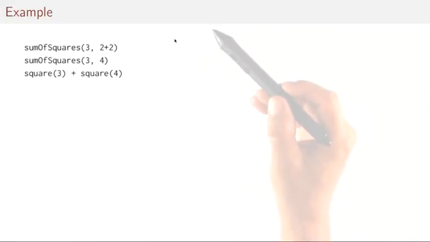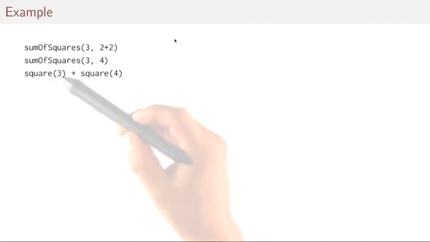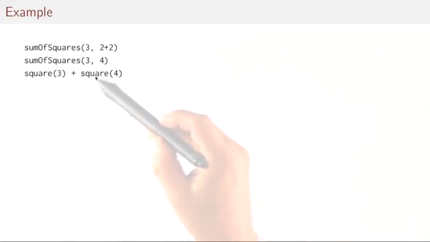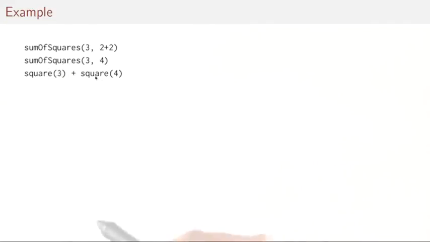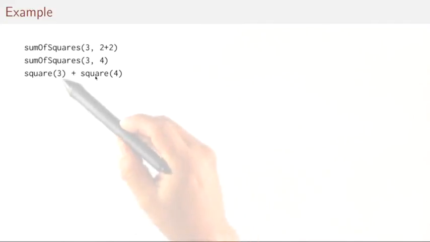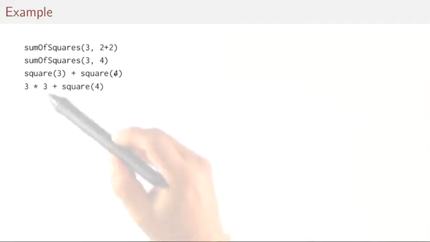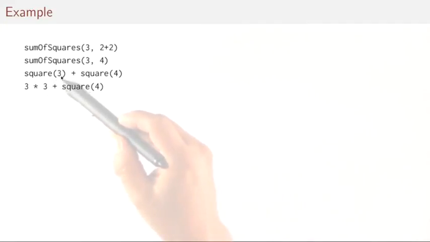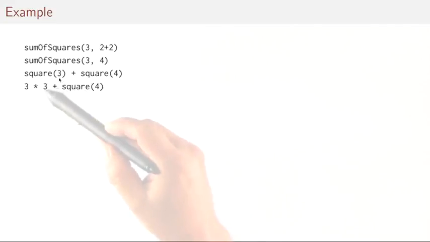Then we take the definition of sumOfSquares, that was square of x plus square of y, and we replace the application by this right-hand side, where at the same time we replace the parameters x and y by the actual arguments 3 and 4. We then repeat the process with the square application. Square of 3 becomes 3 times 3, the right-hand side of square, where 3 replaces the parameter x.